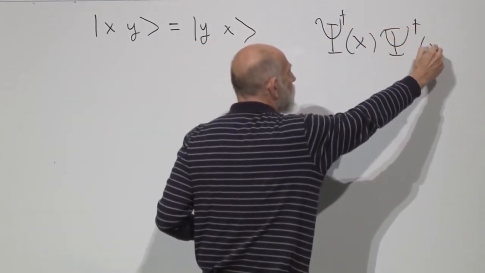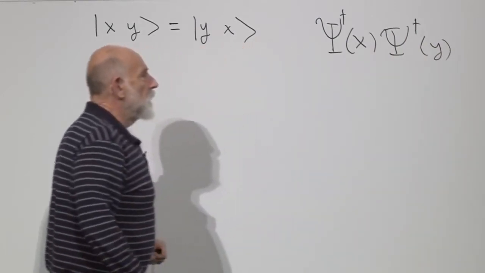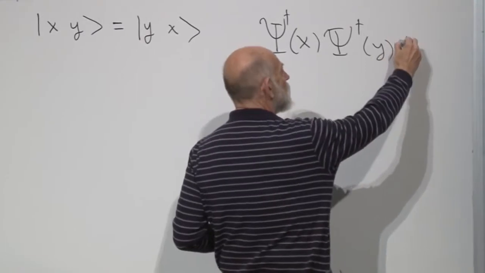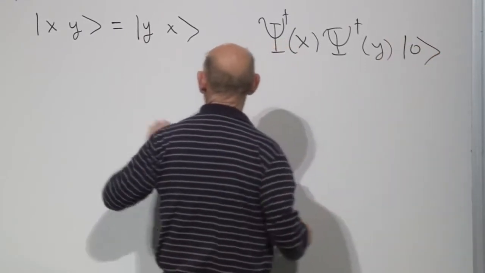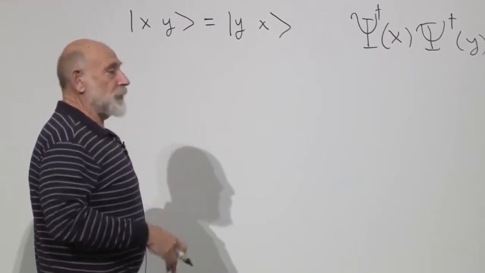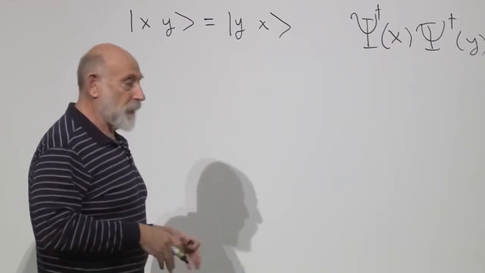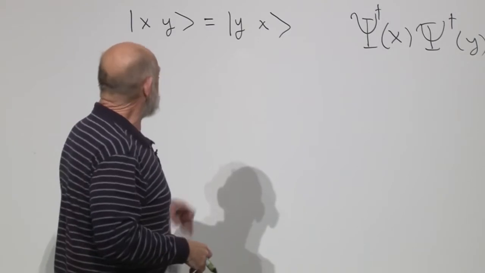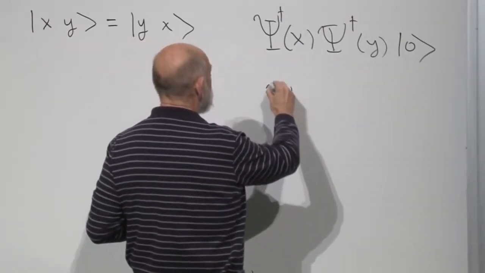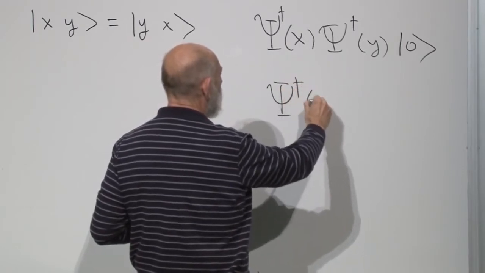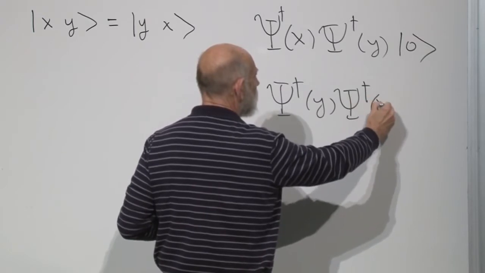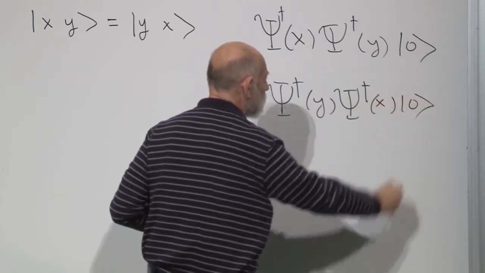A creation operator for a particle at x, a particle at y, and you let them act on the vacuum, and that creates particles at x and y. Supposing I want to interchange the two particles. That's just interchanging x and y. That would be psi dagger at y, psi dagger at x, also on the vacuum.